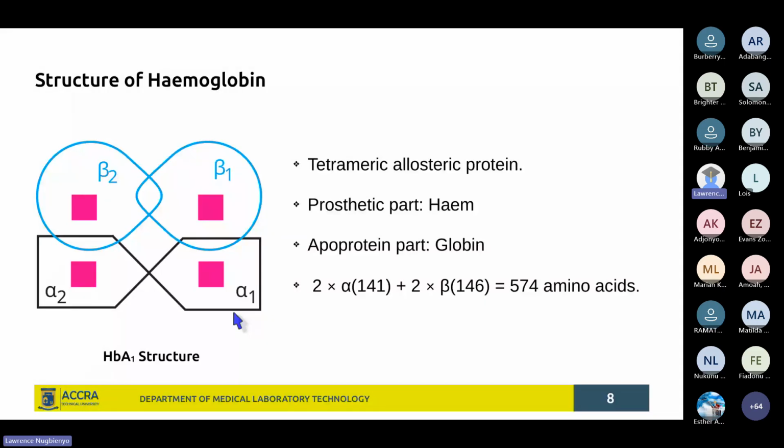This structure that we are referring to, what we are looking at, is just one of the types of hemoglobins that we are referring to.